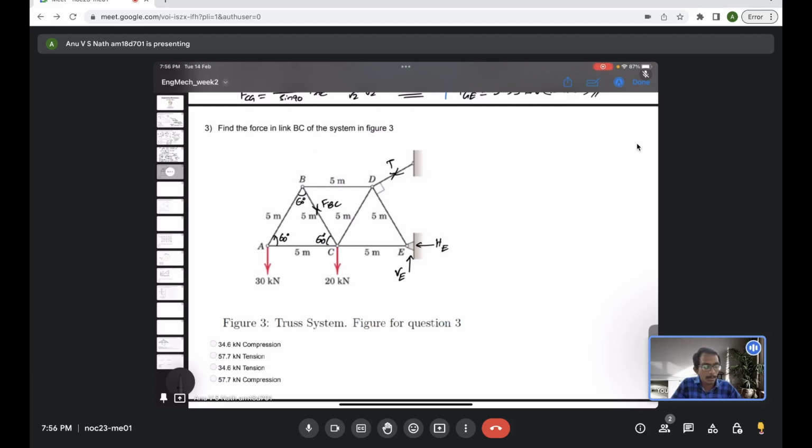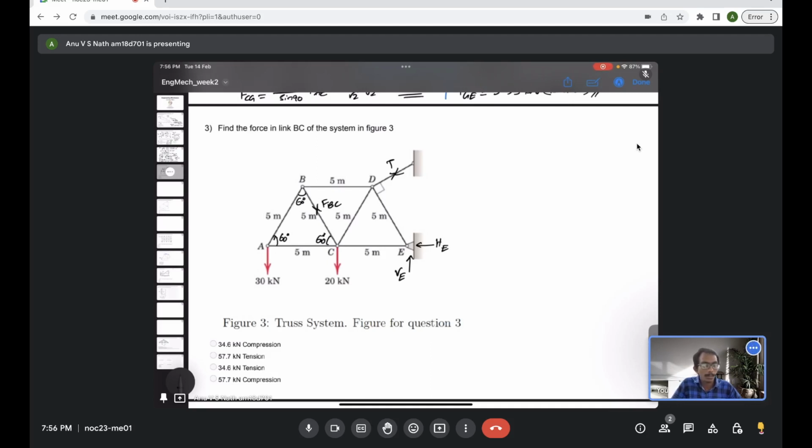Every problem you could solve purely by method of joints, purely by method of sections, or a combination of both. Ideally it should be possible to do it. Just that certain problems will be easier if you use method of joints, and certain other problems will be easier if you use method of sections.